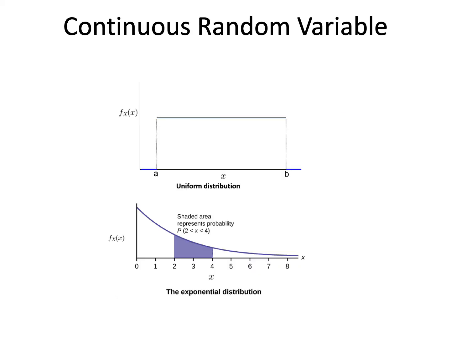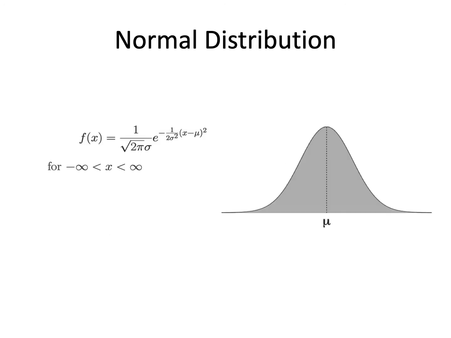There are a number of common continuous probability density functions that come up frequently in theory and in practice. One commonly used distribution is the normal distribution, like this one. This is an extremely important continuous probability distribution.